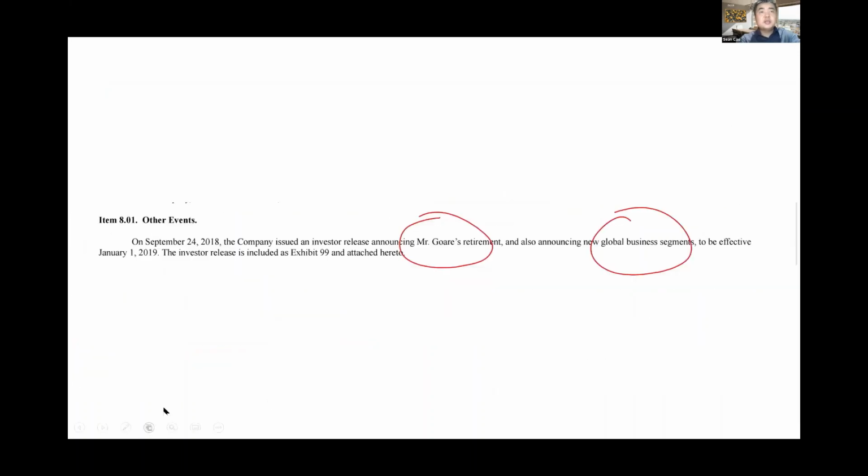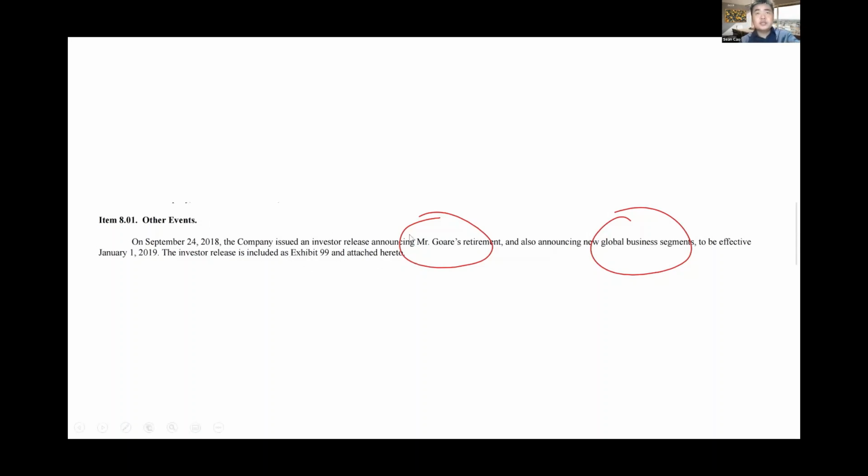So you can see you need to go to the exhibit. If you go to the 8-K item 8.01, you can get the summary of the news.